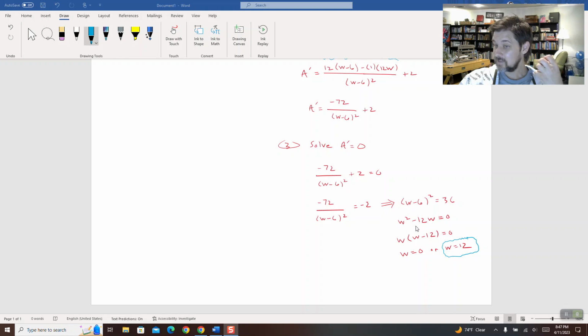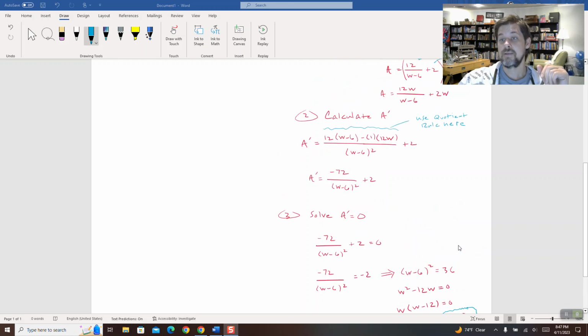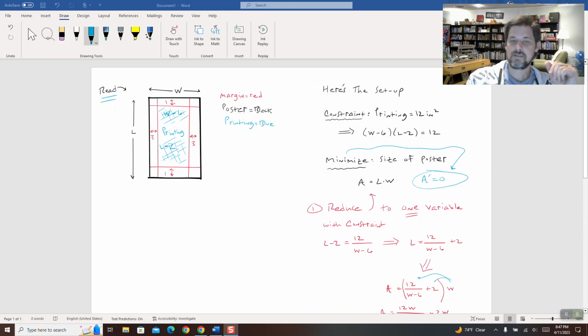Simplifying a little further, I'll get W squared minus 12W is 0. Solve this by factoring. Factor out the W, I'll get either W is 0 or W minus 12 is 0, which gives me W is 0 or 12. 0 can't be the answer. It wouldn't be meaningful to have a width of 0 inches on this poster, so it's got to be 12. So when I solve it, I find that the width needs to be 12 inches.